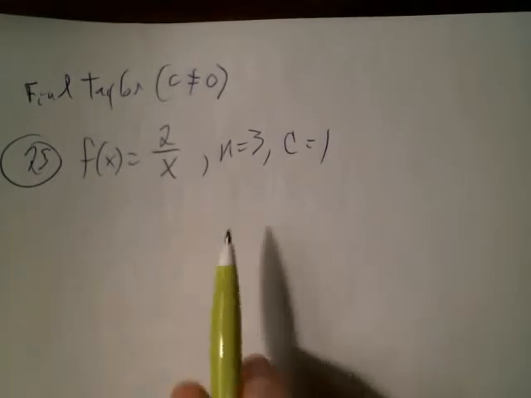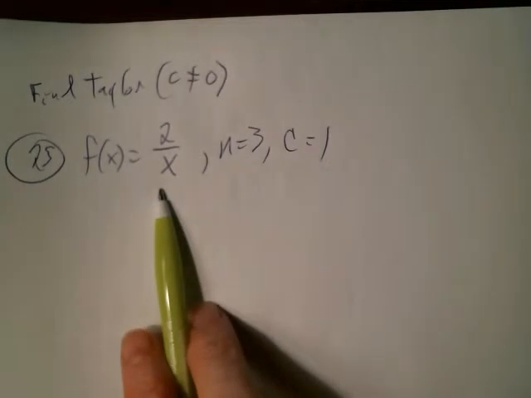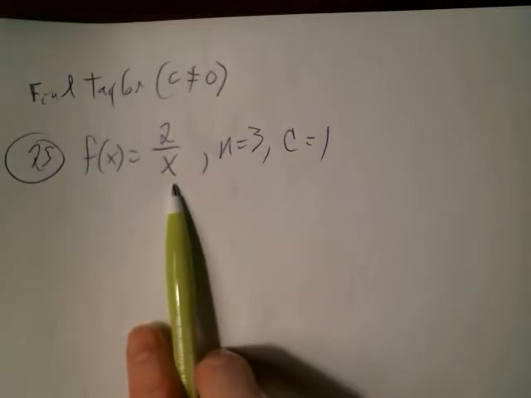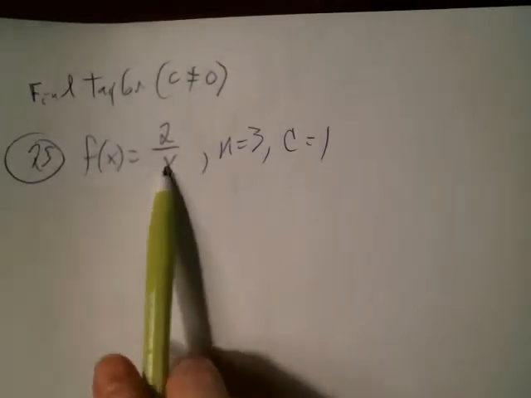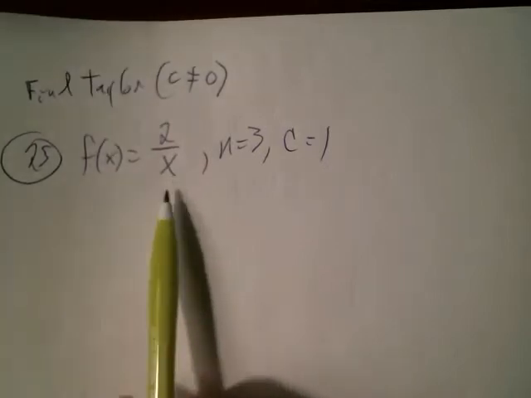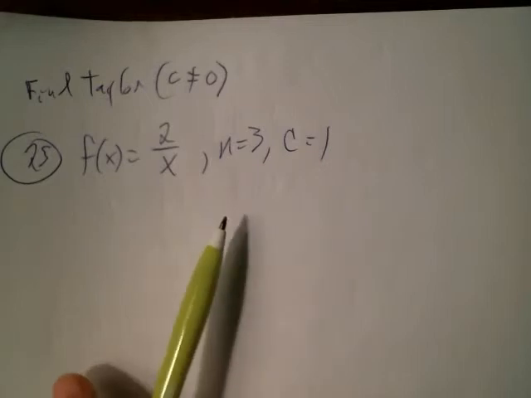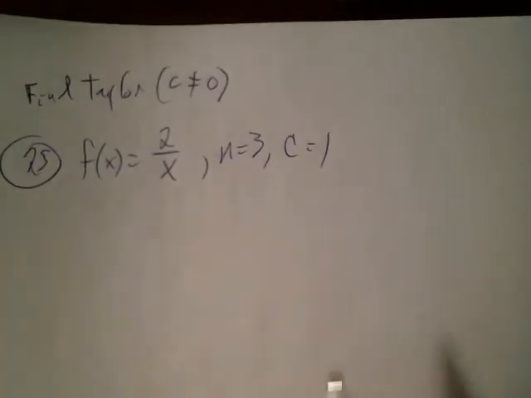Literally, you would never really want to find a polynomial approximation for this thing. It would be silly. The deal is that this thing is kind of related to the natural log, because the natural log of x, its derivative is this. So I think what they're alluding to is that we're going to be using these polynomials to approximate natural logs.